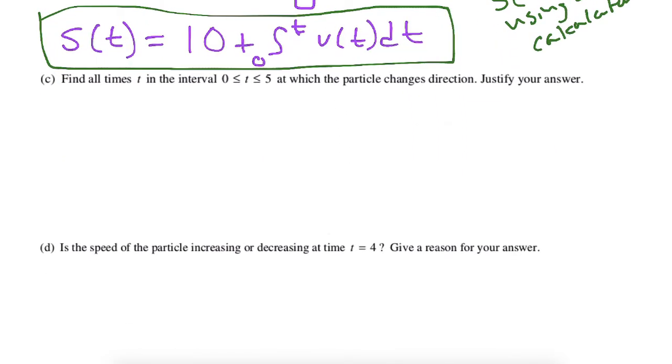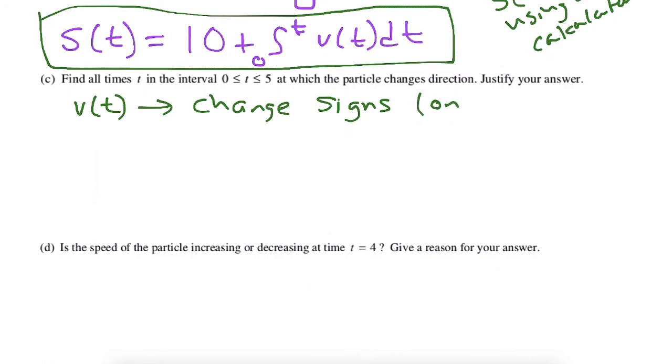Finding all the times when the particle changes direction. The particle is going to change direction when v of t changes signs. We would probably do that on a graph. We'd want to look at a graph and see when this thing changes signs.